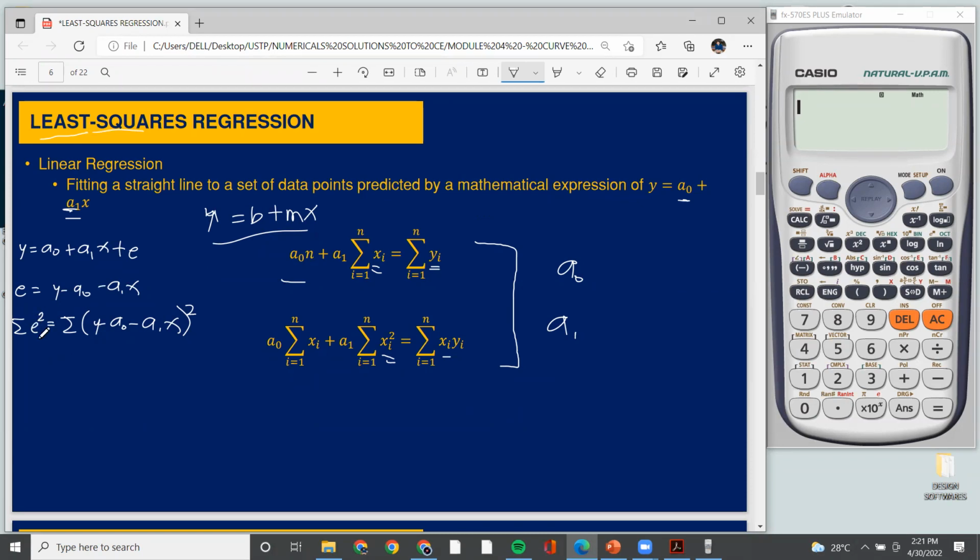And then express the summation of the square of the error. Express nato residual error, summation of residual error, say S sub r.